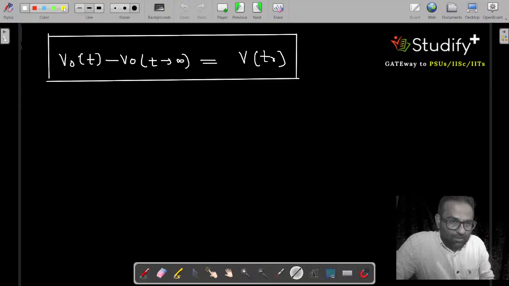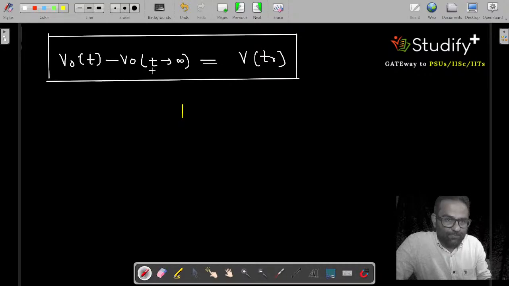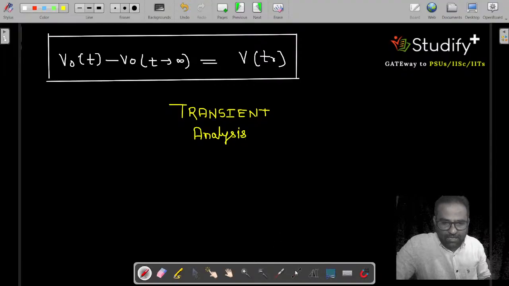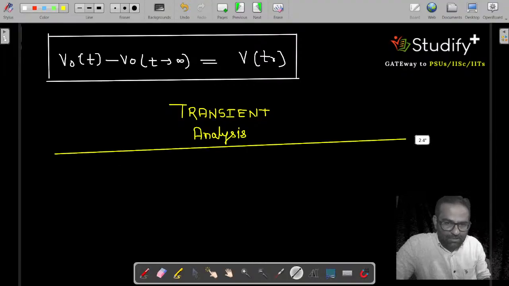So transient analysis we can divide into two parts.